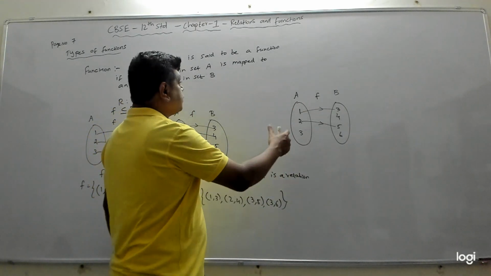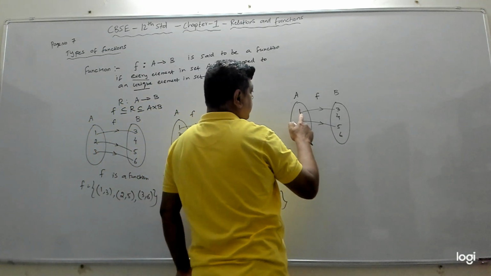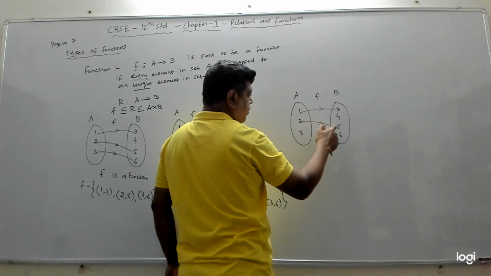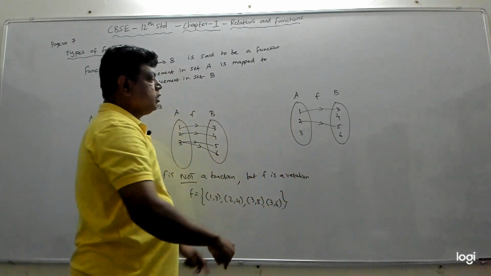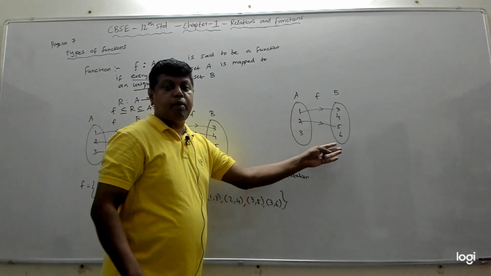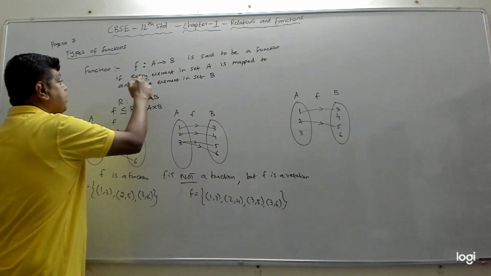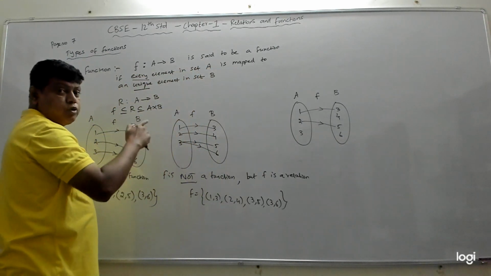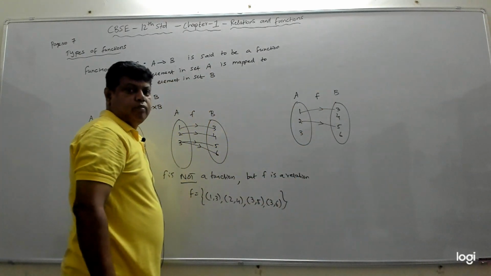We should check whether every element in A is mapped to a unique element. 1 goes to only 3. 2 goes to 5, yes, only 5. 3 does not have a mapping in B. But the definition says every element in A should be mapped to a unique element in B, which means every element should be mapped here.